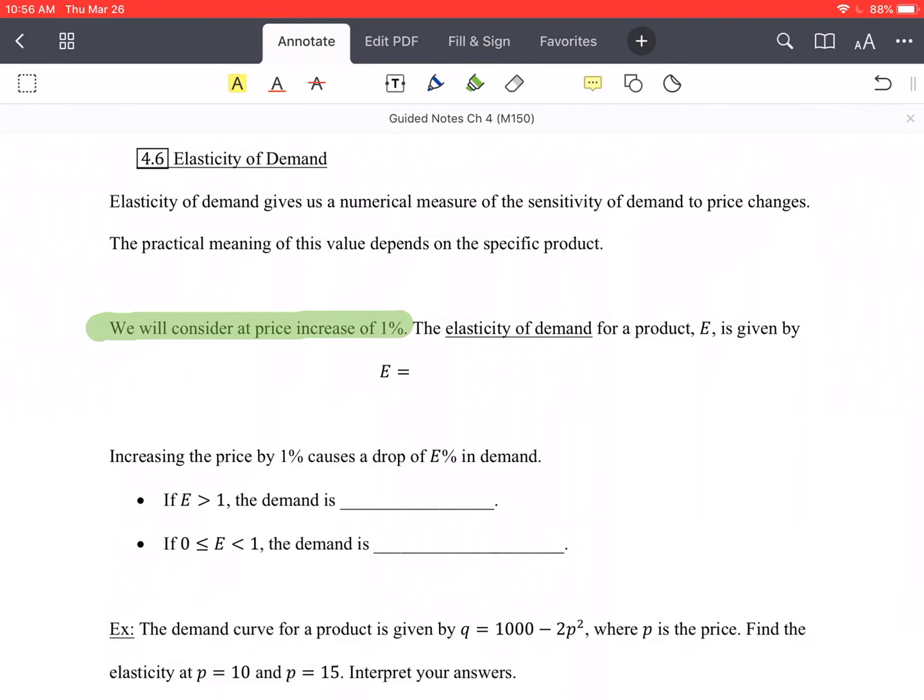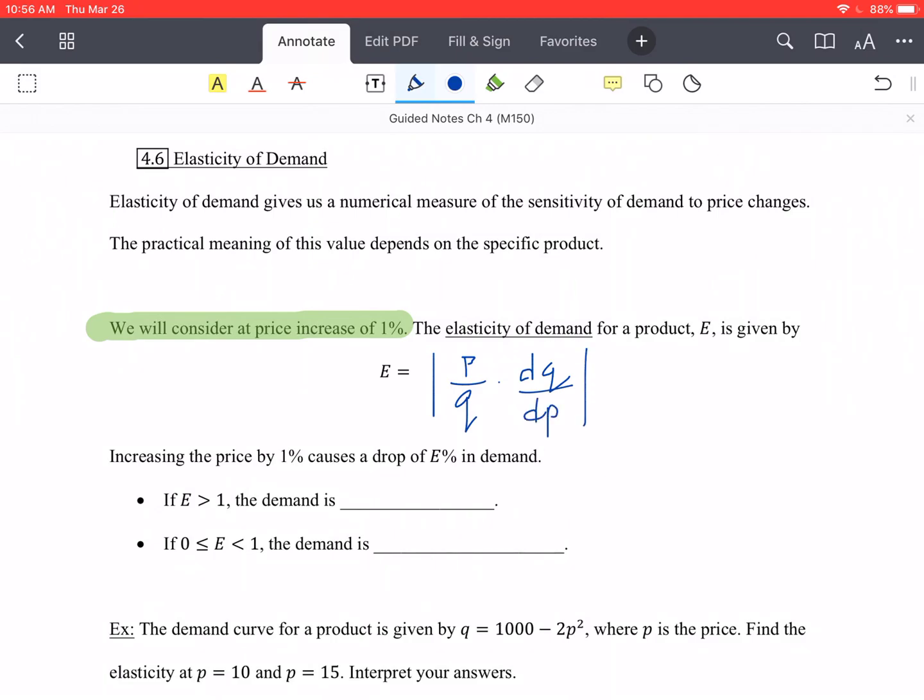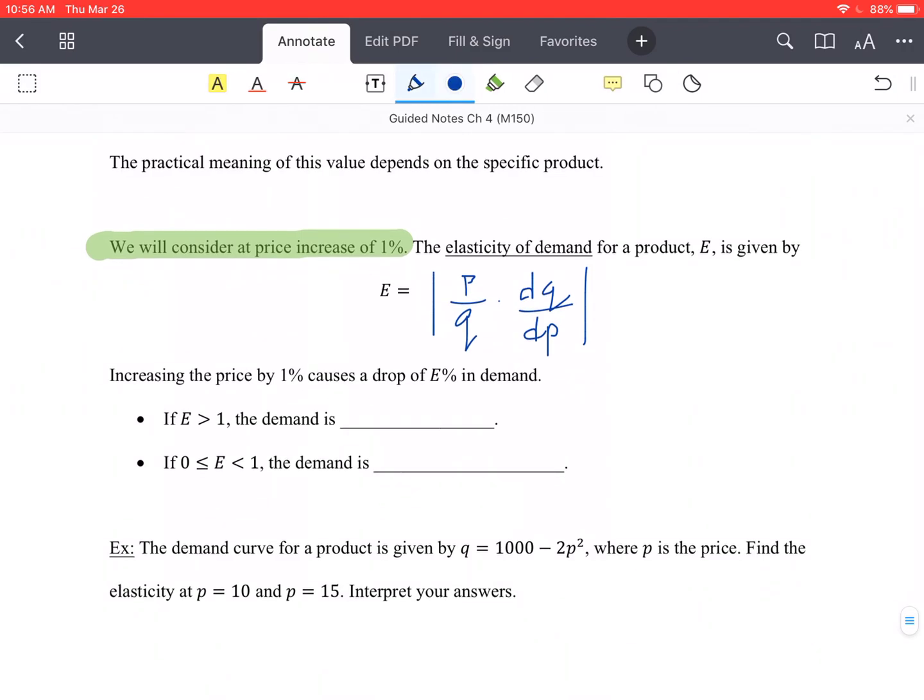So then to find elasticity of demand, so how sensitive demand is to these price changes, we use this formula. We have E equals the absolute value of price over quantity times the derivative of quantity with respect to price. So it's the absolute value of P over Q times dQ/dP. Okay. What this value E tells us is the elasticity. This tells us increasing the price by 1% causes a drop of E% in demand.